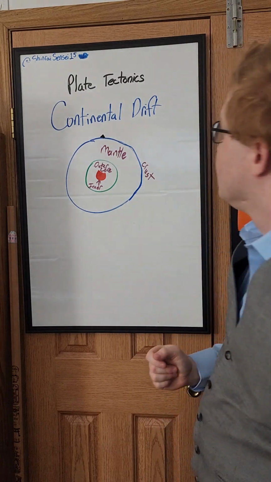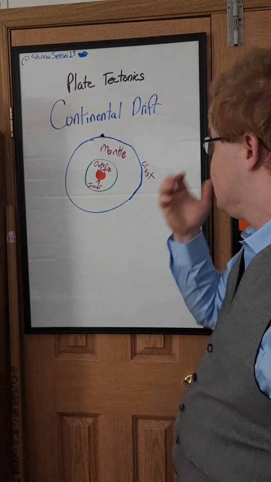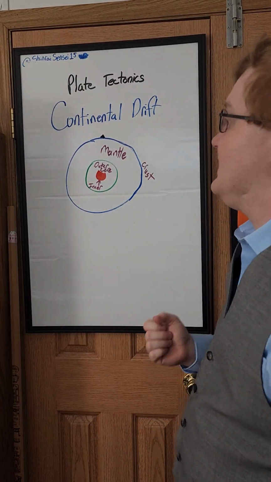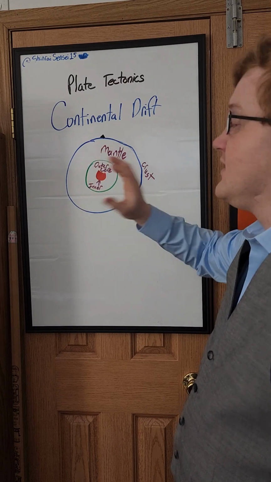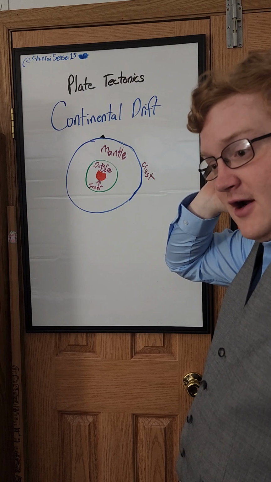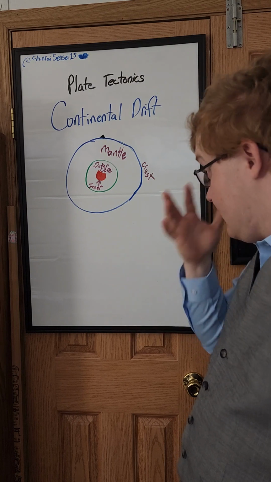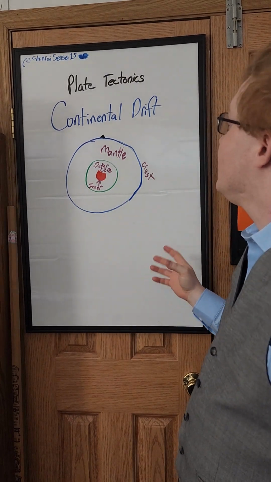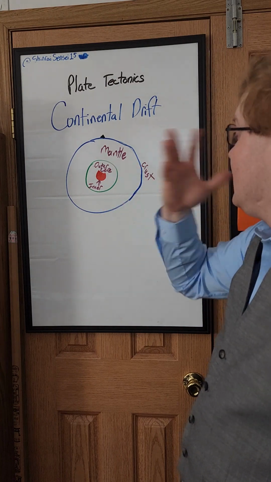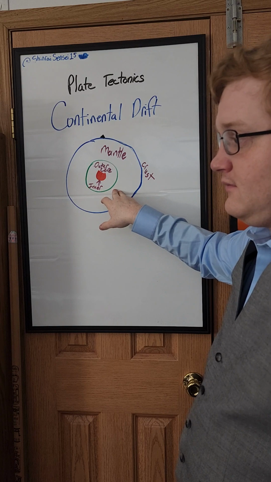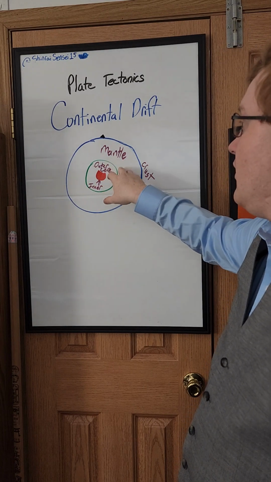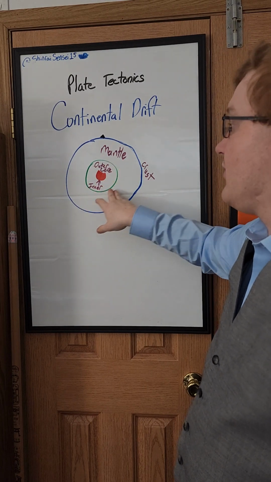Now, at the time that continental drift was introduced, they really had no idea that the inside of the Earth was a molten liquid, liquid rock and super hot, other than the fact that volcanoes spew it up. They didn't know the general diagram of how the Earth operates on the inside.